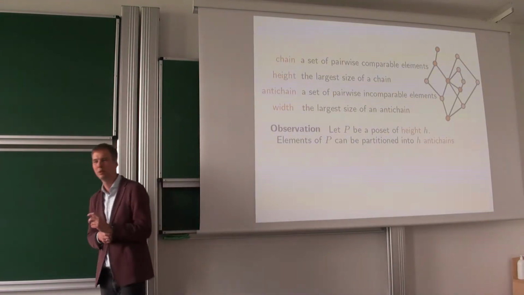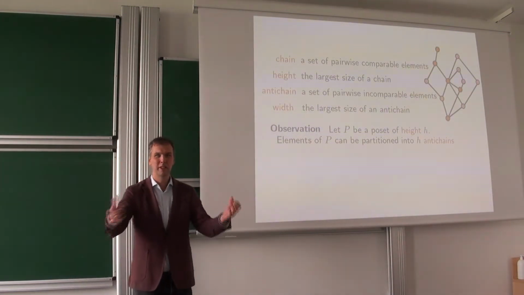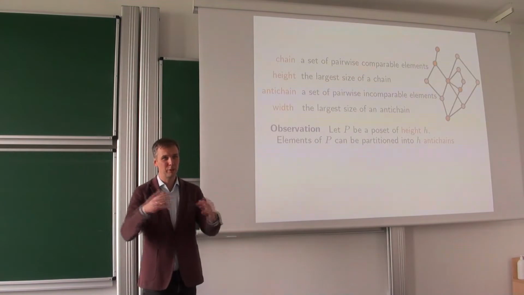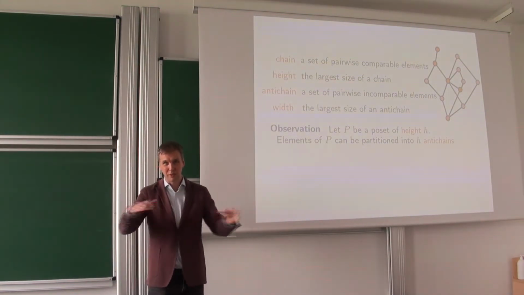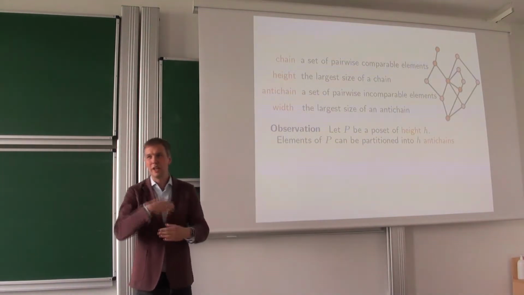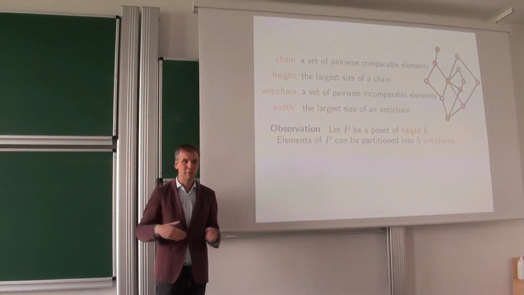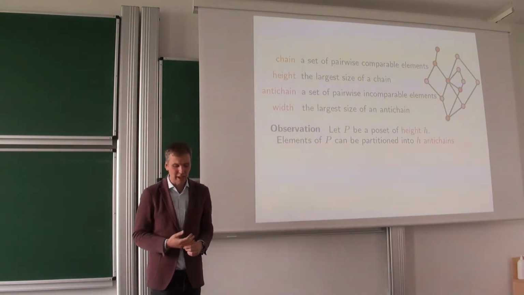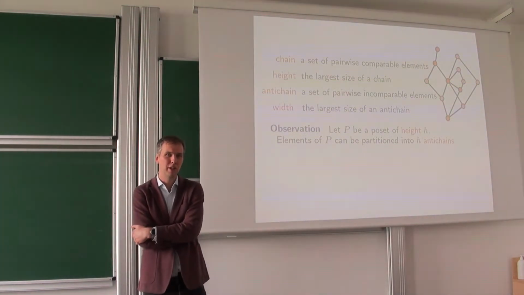Because all you have to do is take the minimal elements, take them out. Please note that when you have two minimal elements, they are incomparable. So the set of all minimal elements of the poset is an antichain. And you iteratively take out these minimal elements, getting antichains in your partition. So that's a partition.